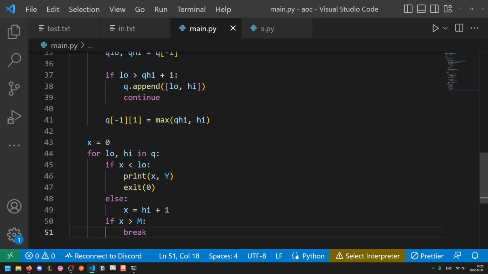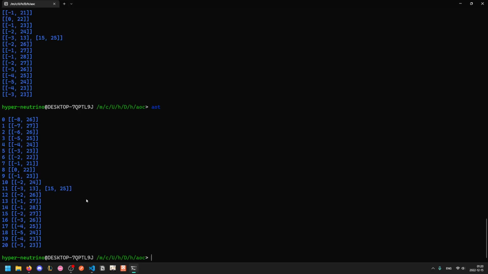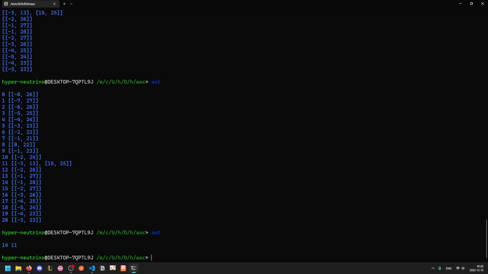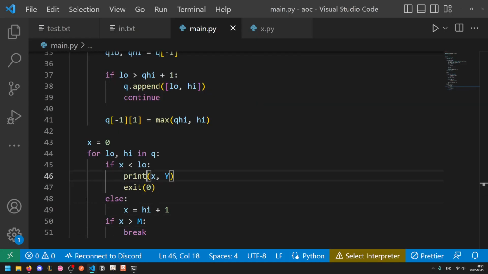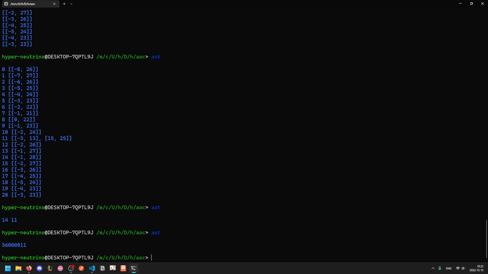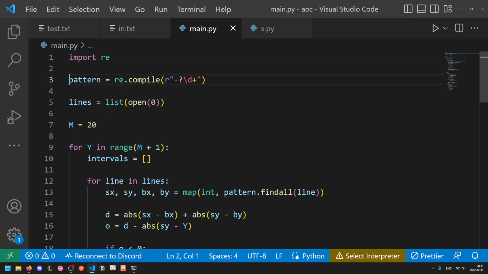Because otherwise we could potentially run into bugs where we find a valid index, but it's completely outside of our search range. And so now if we run this, we get 14, 11, our x and y coordinates. So we'll just take x multiplied by 4 million and add y. And that gives us our correct output.